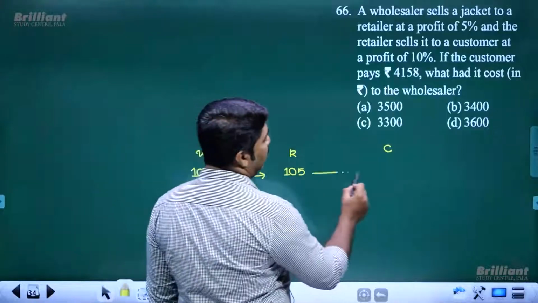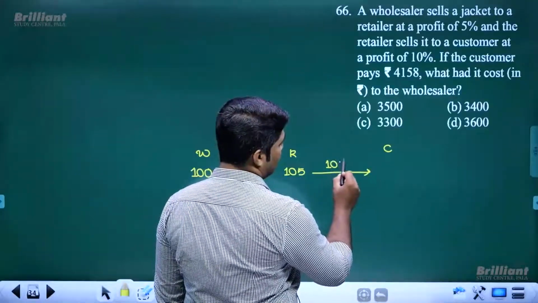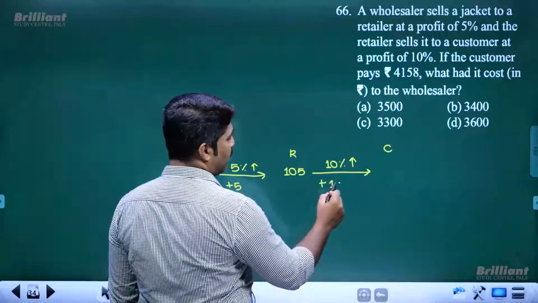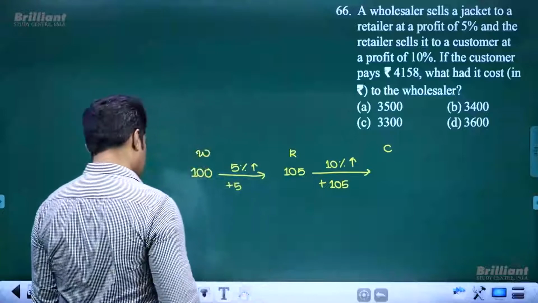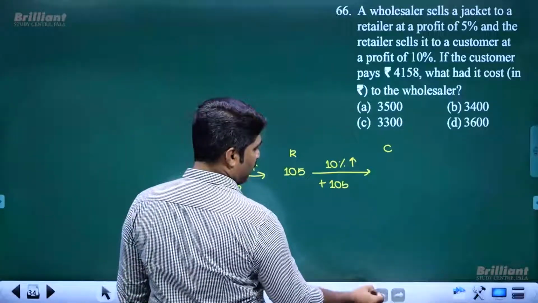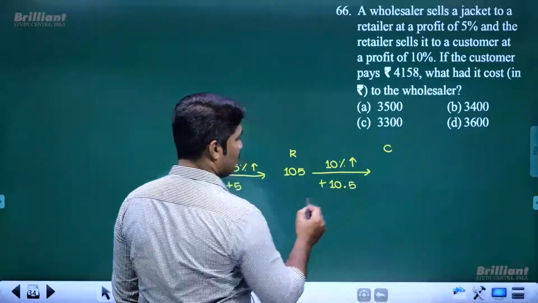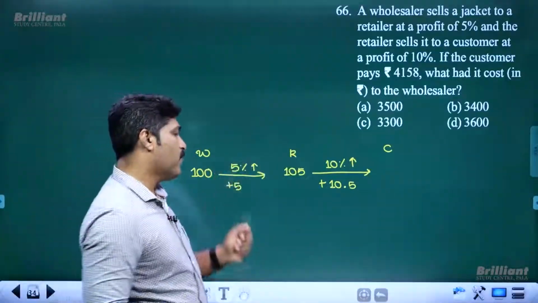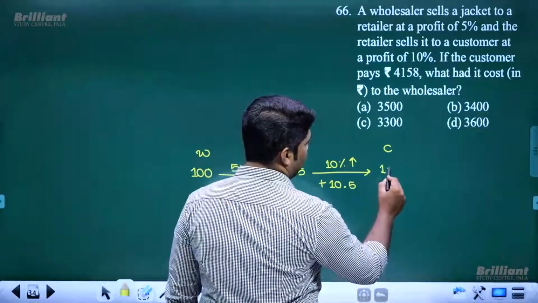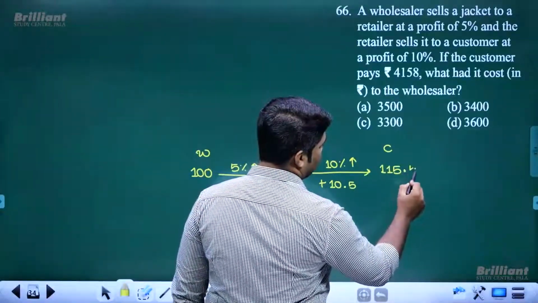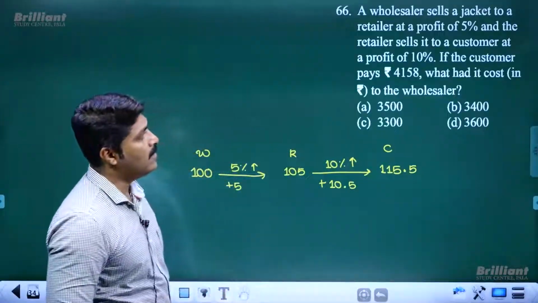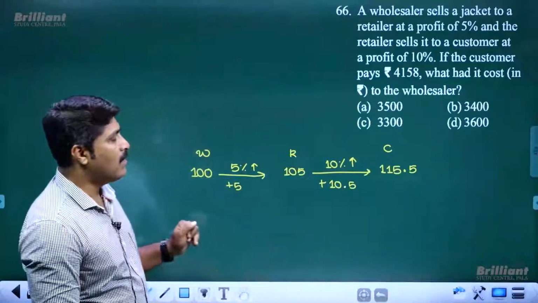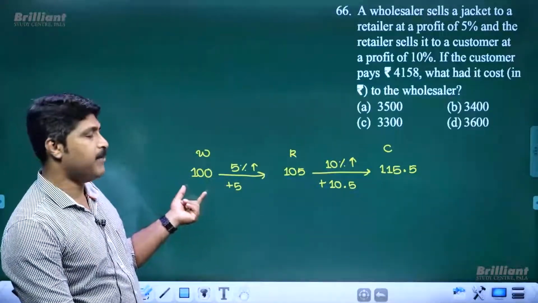And the retailer makes a profit of 10% while selling it to the customer. So what is 10% of 105? That's equal to 10.5. When we add this 10.5 with 105, this is equal to 115.5. That's it.